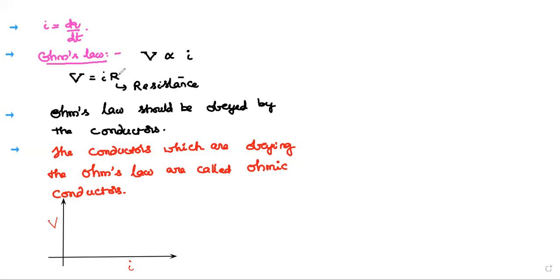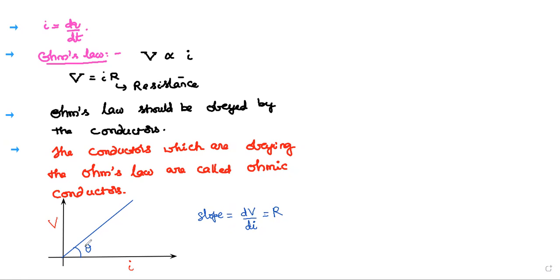So resistance should be the slope. That's why it should be a straight line passing through origin. Surely. Why? Because it is in the form of y equals mx. So in this graph, with V on the y axis, the slope is equal to dV by dI. That is nothing but the resistance.